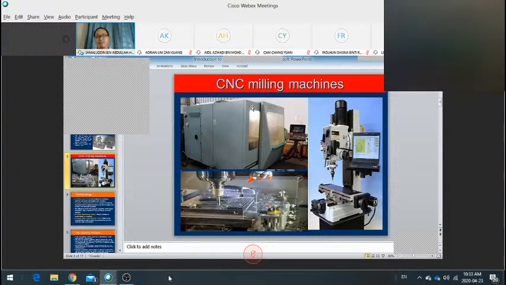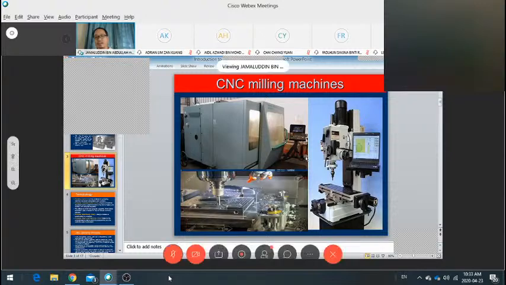In our school, we have this one, which is a machine from Germany. This is a five axis. Five axis, what does it mean? We will go through this later on. How can you tell if a machine is three axis, five axis, three and a half axis? If you talk to people from the industry, sometimes they say the machine is three and a half axis. What does it mean?